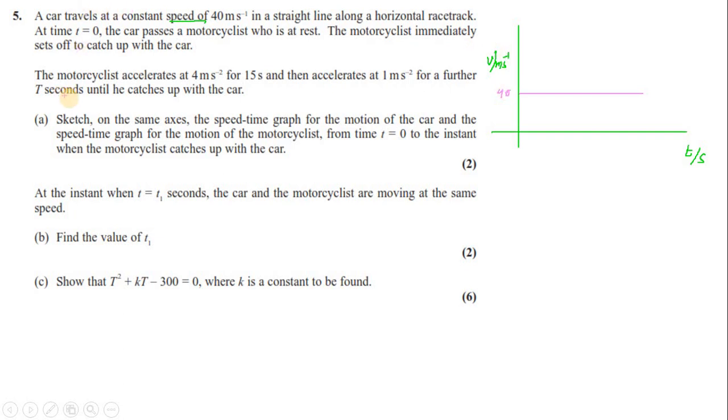Okay, and then the motorcyclist is starting now, because the motorcycle was at rest in the beginning. So first you need to find what will be the velocity of the motorcyclist after 15 seconds. Initial velocity is 0 and acceleration is 4. So you can use v is equal to u plus at, and then you say 0 plus 4 times 15.